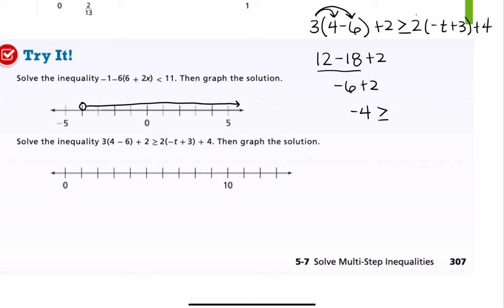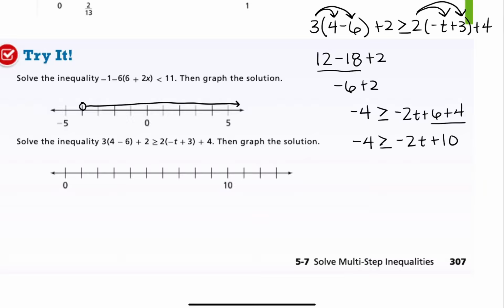I need to distribute this 2. 2 times negative t is negative 2t. 2 times 3 is 6, so plus 6. That 4 is outside, so I just add him on the end. Add your constants together. So that leaves me with negative 4 is greater than or equal to negative 2t plus 10.